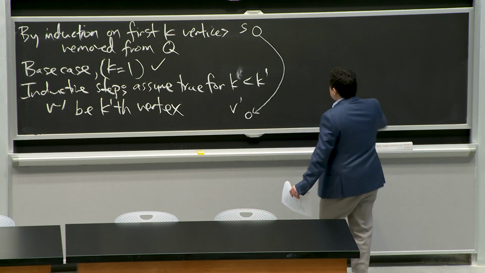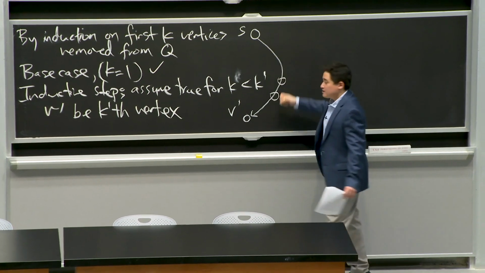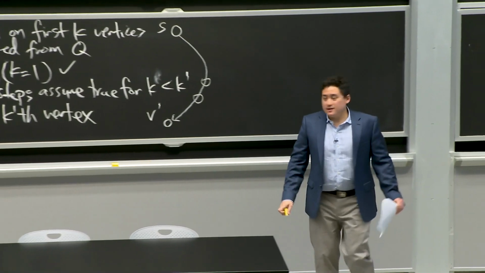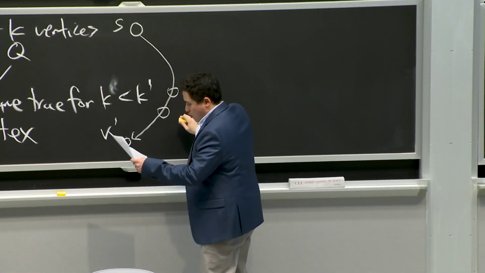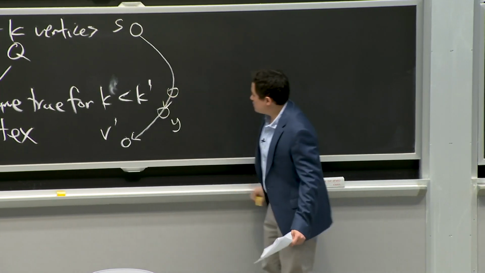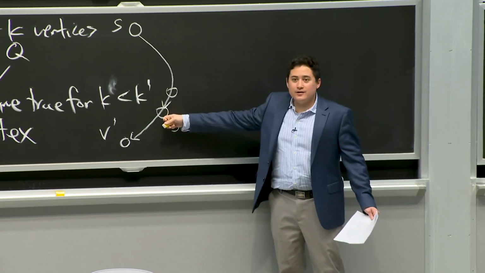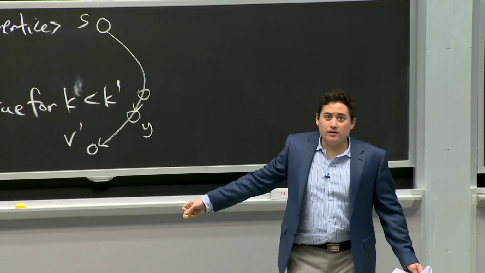So let's consider the first vertex in this path from S to v prime. I'm going to call it Y. A vertex Y that is not in Q, right?